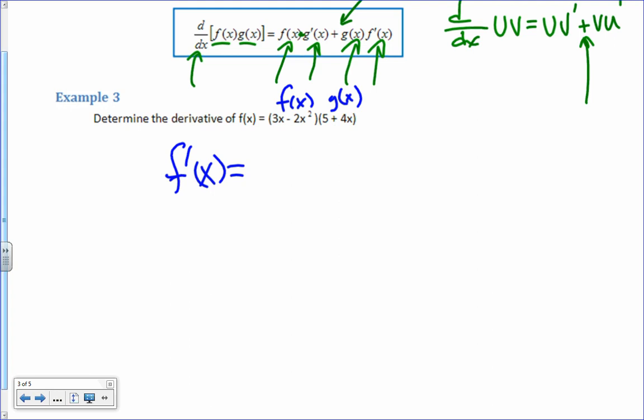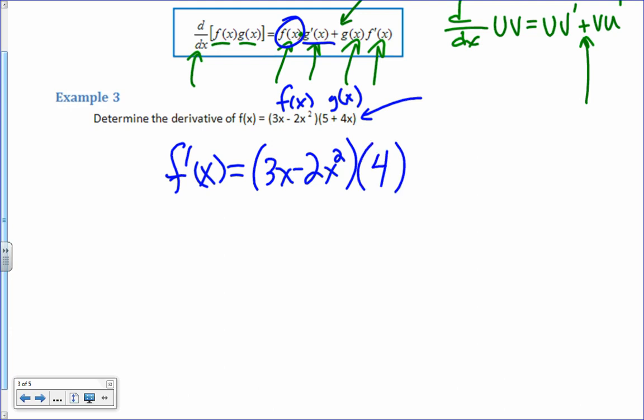So it says to write down the first one. And then what's next? Derivative of, a lot of times we would call it the second one. What is the derivative of g of x? Yes. 4. Yep. Derivative's 4. Now what should I write?